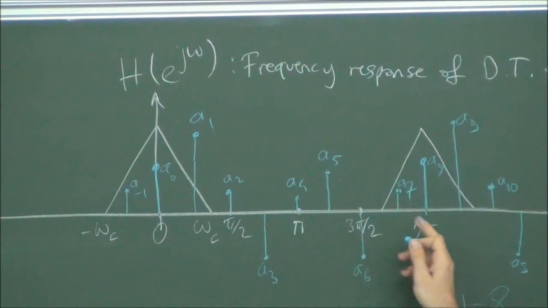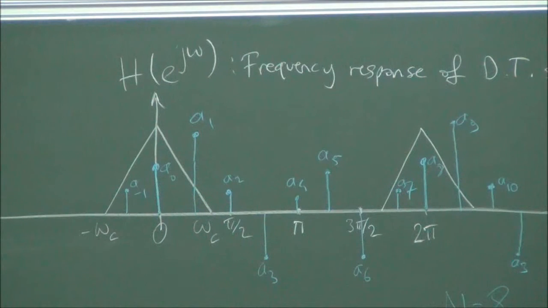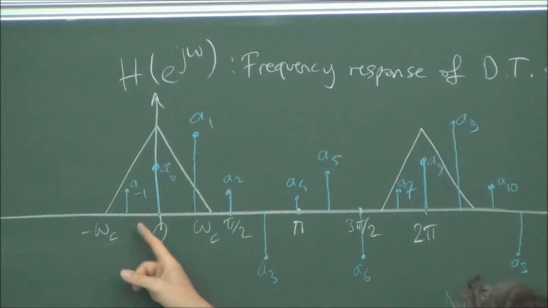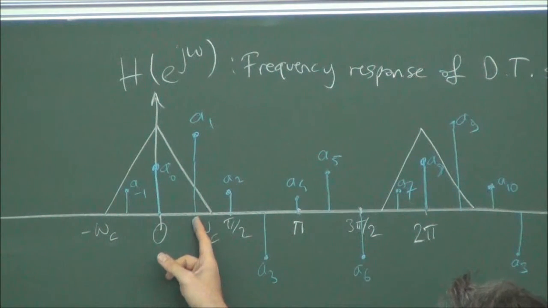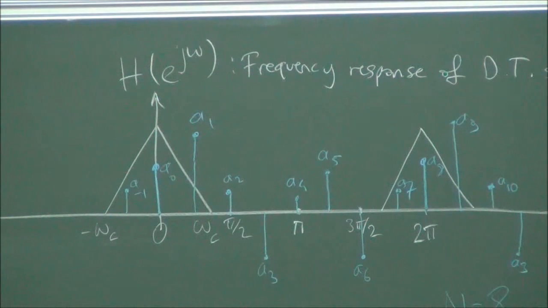A0 is the same as A8, etc. But of course, around 0, the magnitudes of these are expected to be the same if it's a real signal, but I didn't draw it that way. For a real signal, we expect the Fourier series coefficients of A minus 1 and A1 to be conjugate symmetric, and conjugate symmetric values have the same magnitudes.